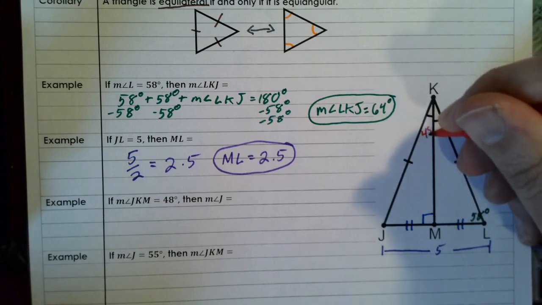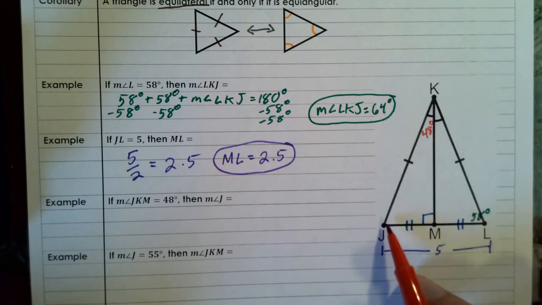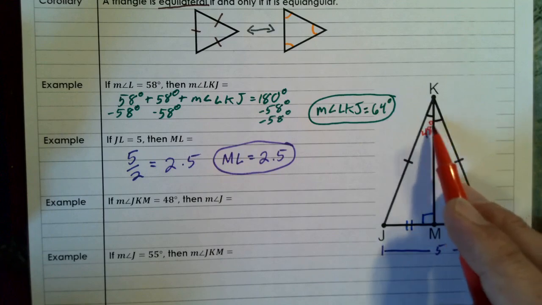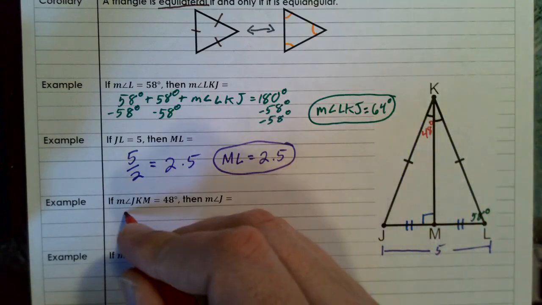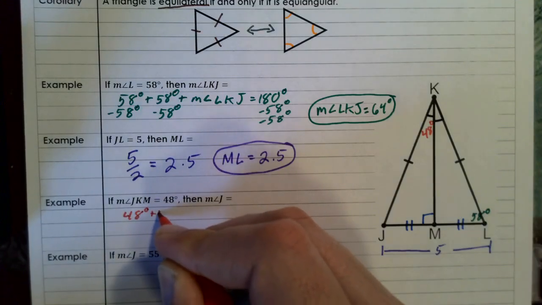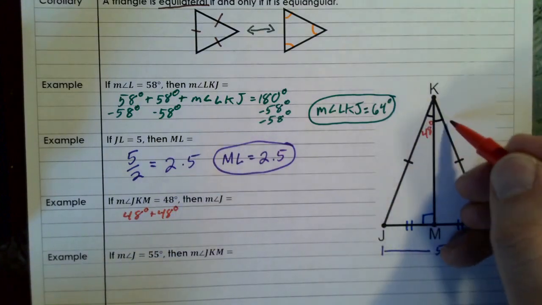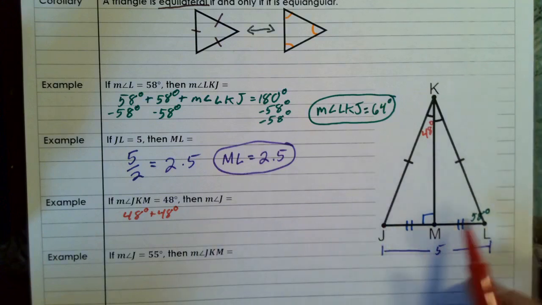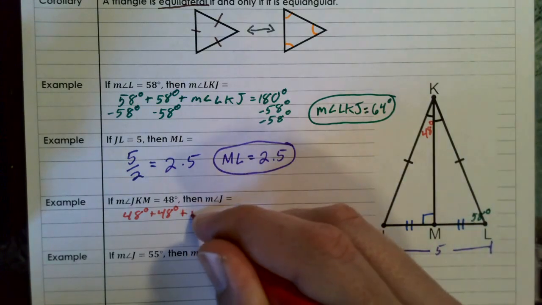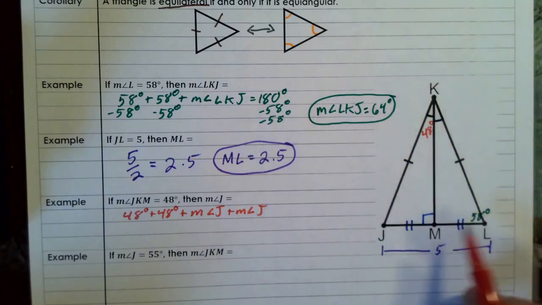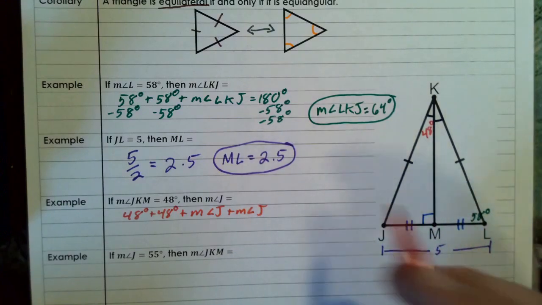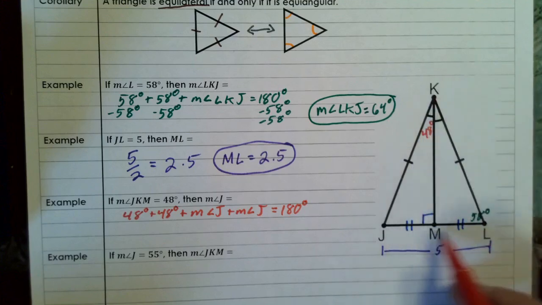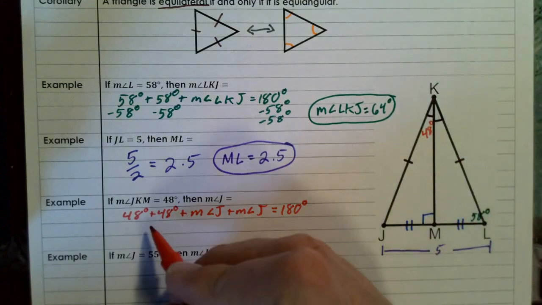If JKM is 48 degrees, then the measure of angle J has got to be what? Well, we're going to double that 48 because I know that this is an angle bisector. So we're going to have to do 48 plus 48 because we've got two of these angles up top. Then the measure of angle J is repeated. So we've got two of those measure of angle J's because these two base angles have to be congruent. And when we add them all up, we should get 180 degrees for this whole triangle that's happening here.